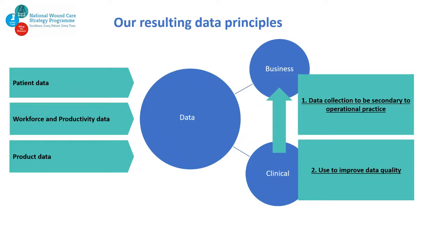So by using the data that we've got and seeing where the gaps are, we can build in the improvement that we'd like to see. Again, you can see our improvement methodology flowing through, not just in how we work as a program, but integral to the way that we're thinking about some of the things that we need. We're thinking if we can do this consistently across wound care services, we'll be able to see where the opportunities are to improve wound care management and services for everybody across the country.